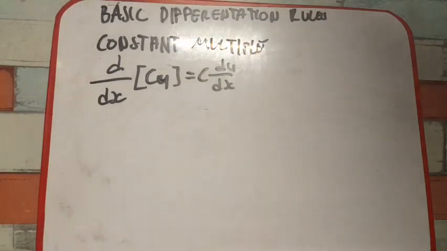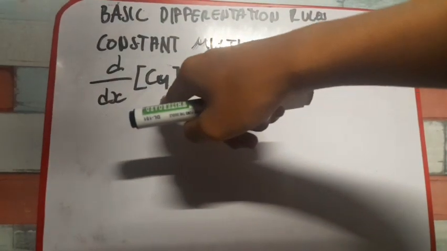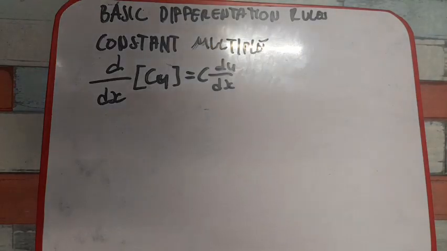In the constant multiple rule, it's stated that when there's a constant, let's dive in with the examples.